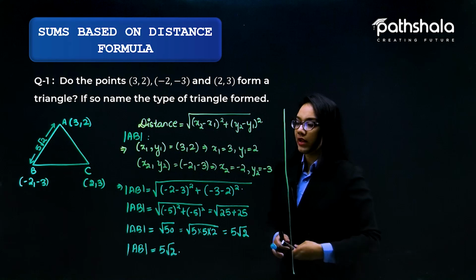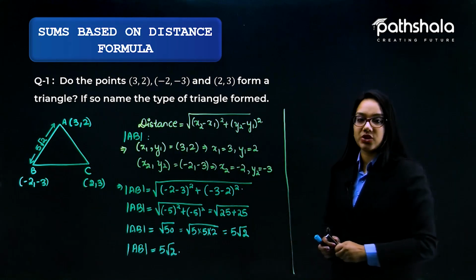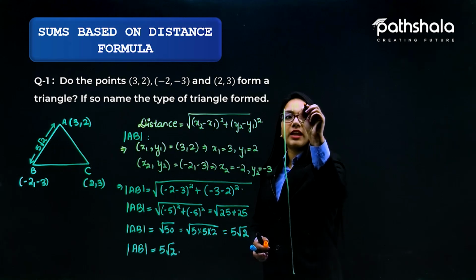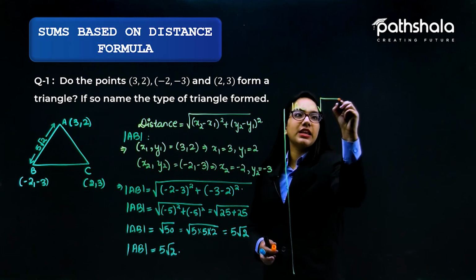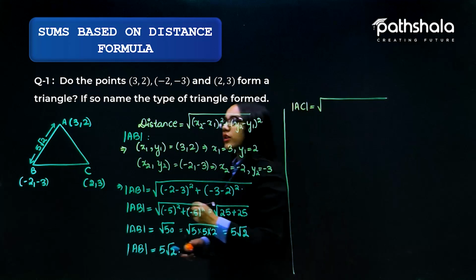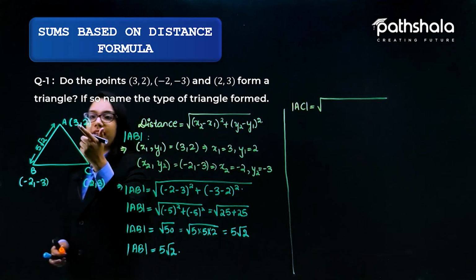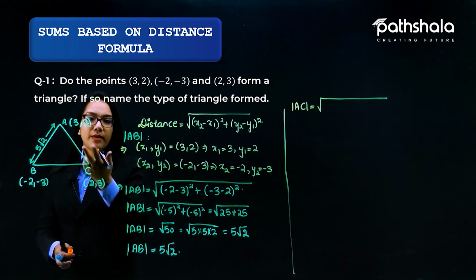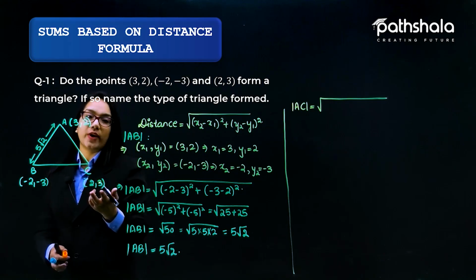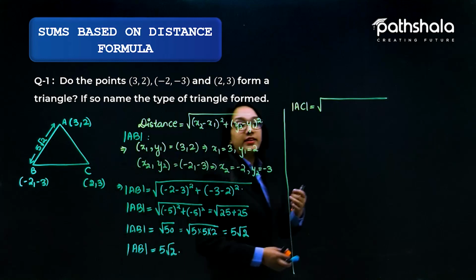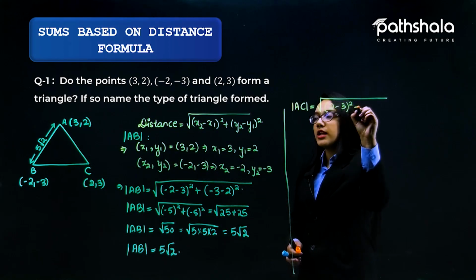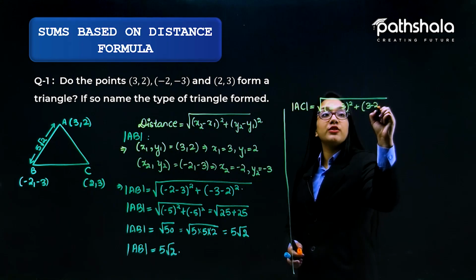In the same way as we did for the distance AB, let's talk about the distance AC. I am considering the coordinates of A as (x1, y1) and C's coordinates as (x2, y2). So x2 minus x1 means 2 minus 3 whole square, plus y2 minus y1 means 3 minus 2 whole square.